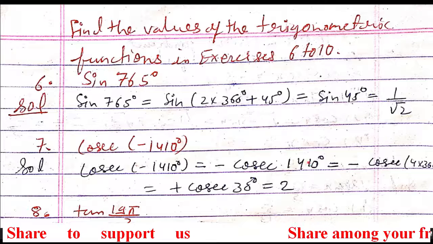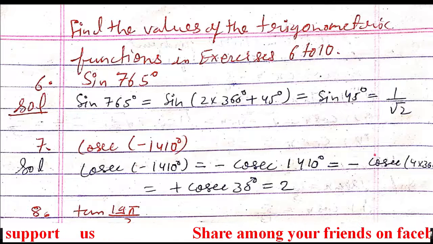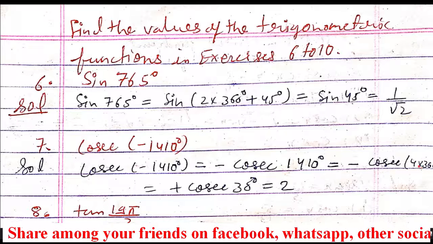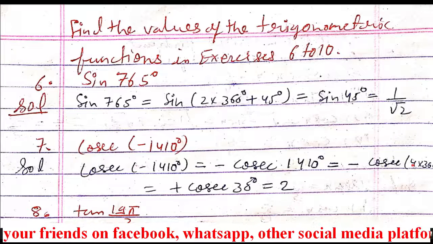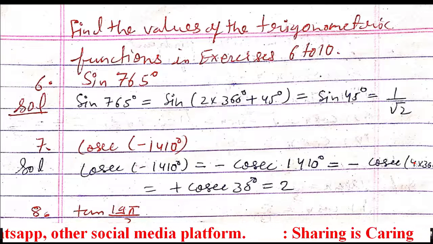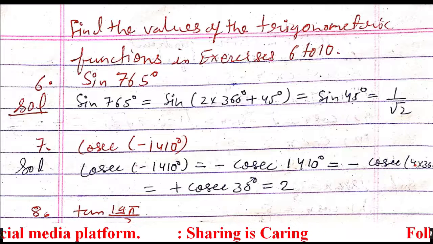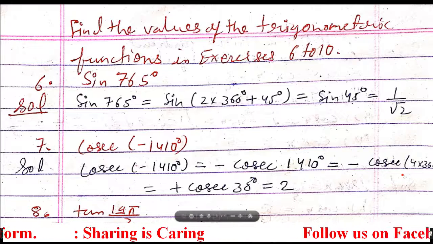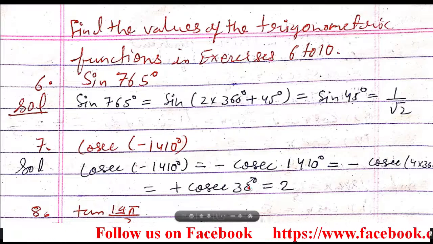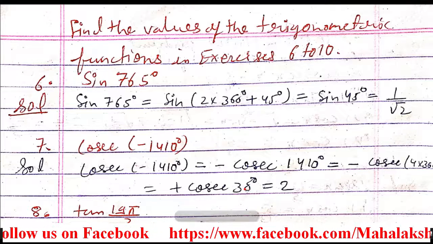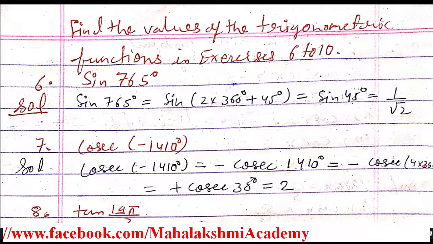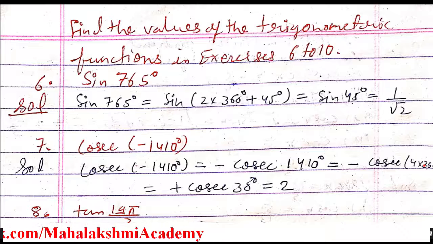So when you solve this, first create the table of 360. Here it got cut, but I am telling you, listen properly, then it will be clear to you. 4 multiplied by 360 plus 60, if you do minus 60 minus 30 degree, you will get here cosec, because 4 multiplied by 360 and then minus 30 will come here.